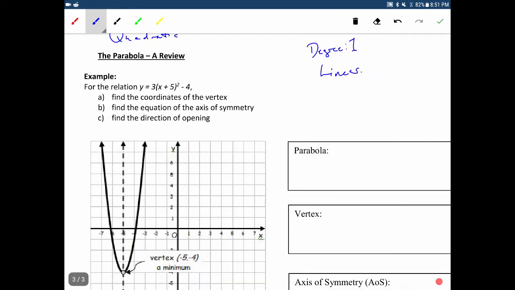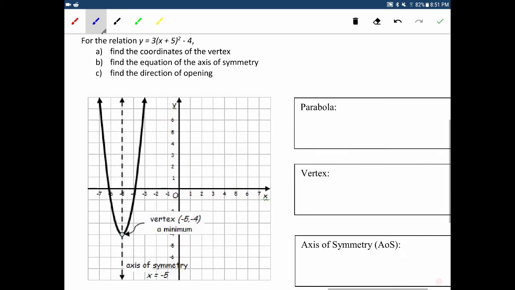All right. So we're going to do a brief little review here on the parabola. So I've got a parabola drawn here. Now the equation for this one is y equals 3 times x plus 5 squared minus 4. So the first thing we're going to do is find the vertex, because we haven't really talked about what the vertex is.